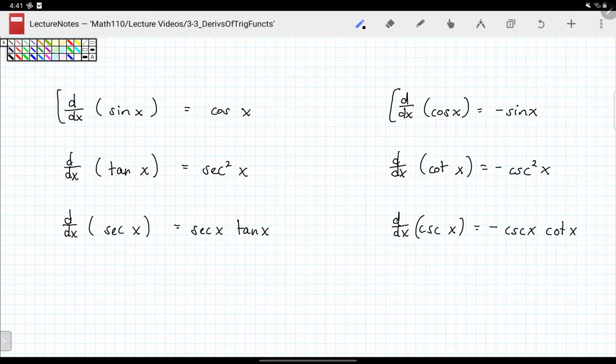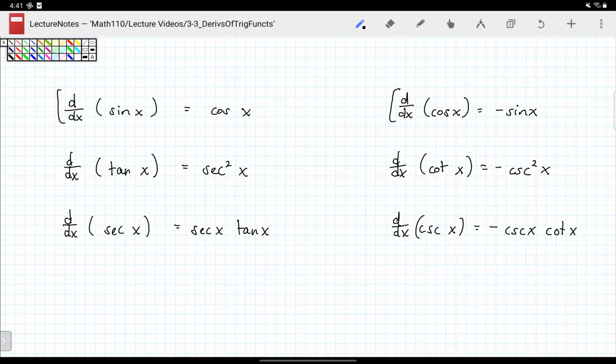I do recommend that you practice actually calculating the derivatives of cotangent and cosecant and even tangent and secant by writing those functions as combinations of sines and cosines and using the quotient rule or the chain rule.